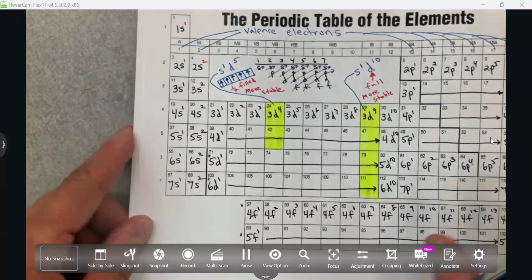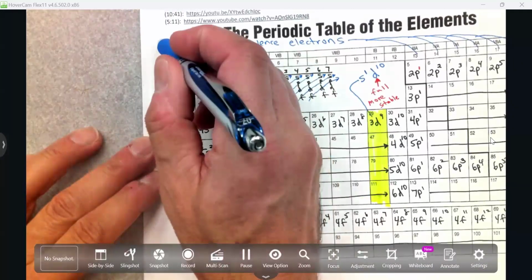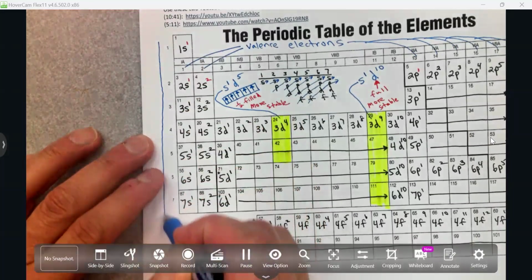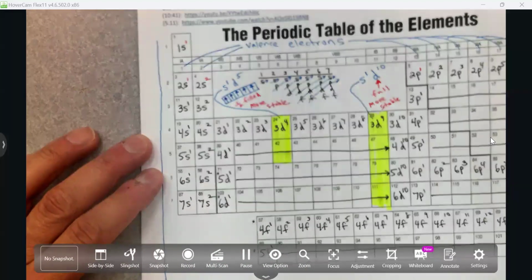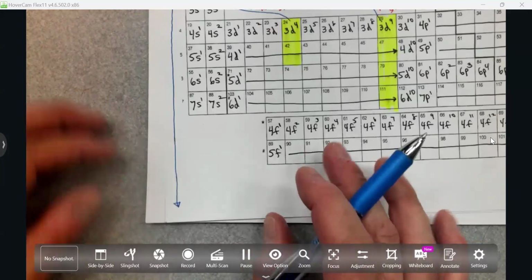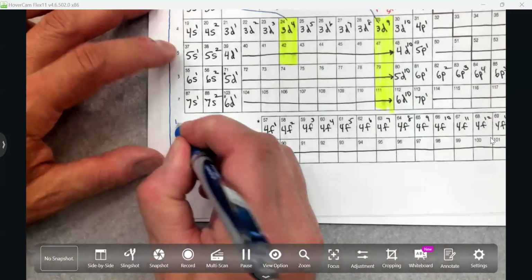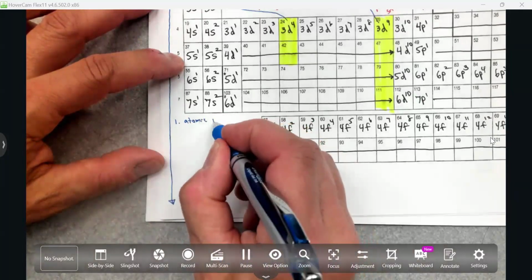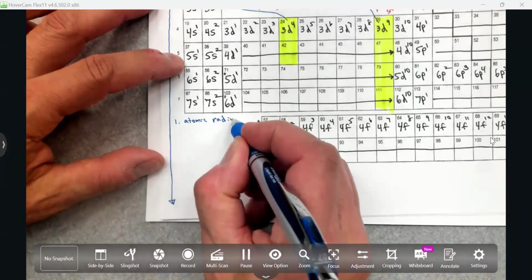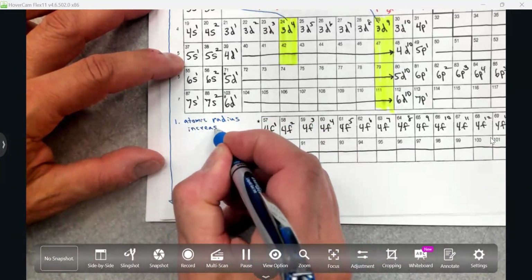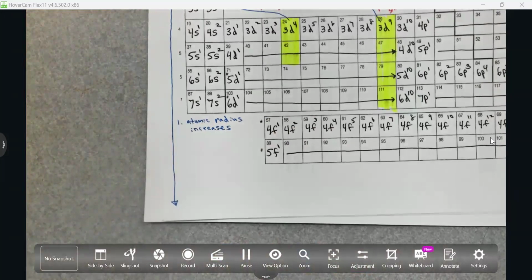So let's add that to our periodic table, our blank table. So I'm going to draw an arrow going down like this, and we're going to summarize it. So I'm just going to draw an arrow going down. And going down, the first thing we just did, and that's atomic radius increases, right?